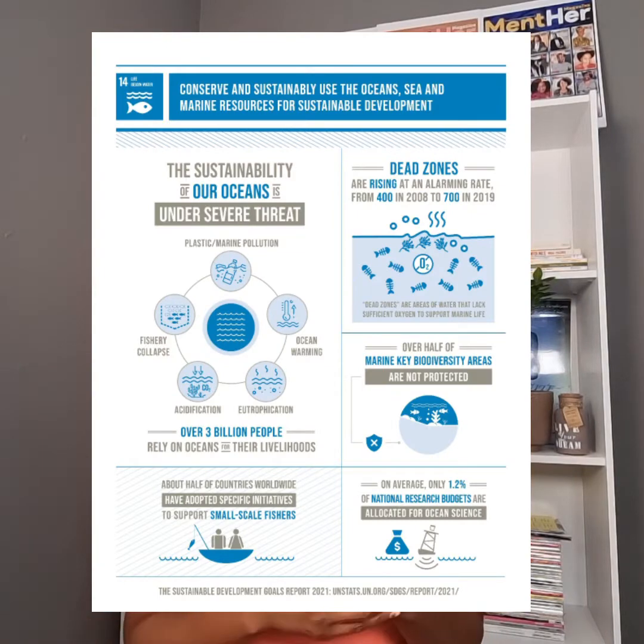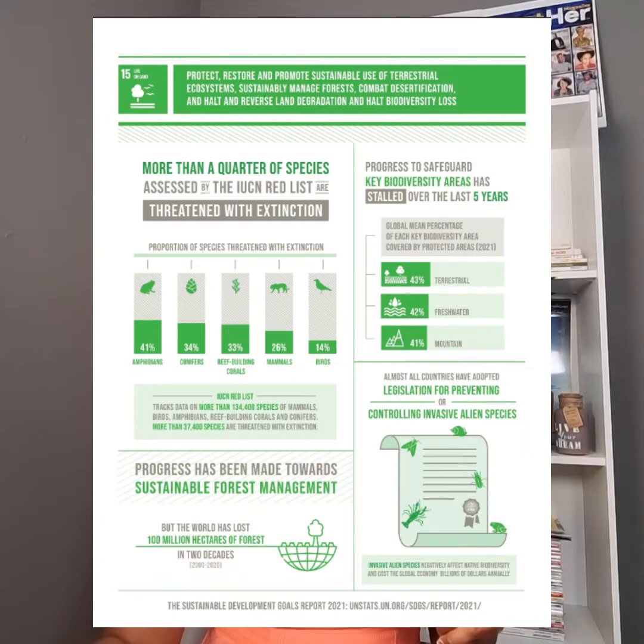Goal 14 is life below water, and that looks at conserving and sustainably using the ocean, seas, and marine resources for sustainable development. And then goal 15 is life on land, and that looks at protecting, restoring, and promoting sustainable use of terrestrial ecosystems, sustainably managing forests, combating desertification, and halting and reversing land degradation and halting biodiversity loss.